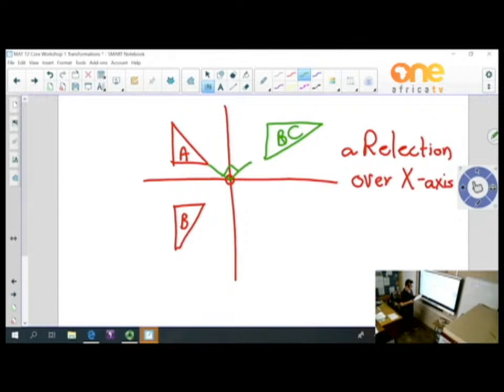Then draw the enlargement of A, scale factor 2, and 0, 0 is the center. So now again, we work from here. Now how do we do that? The scale factor is 2. So what I like to do here is to look to find that first point. It is 2, 2.